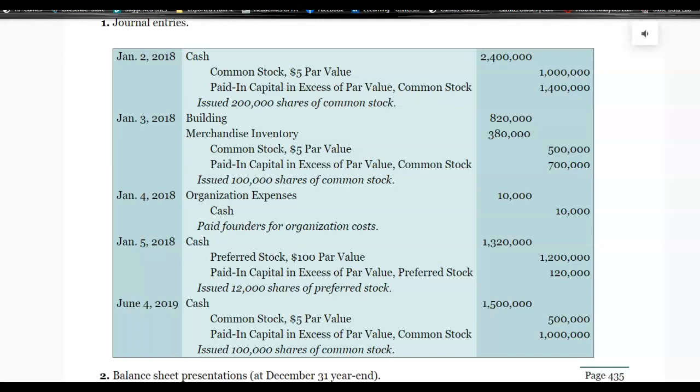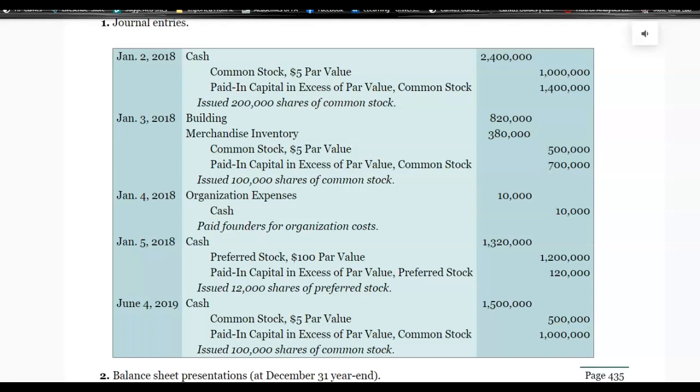But what we record, again, similar to common stock, is in our preferred stock, we only record the par value. And so we multiply the $100 times the 12,000 shares. We get $1,200,000. That's going to be a credit into the preferred stock account. The rest of it, the $120,000 that was over and above, that's going to go into our paid in capital in excess of par value.